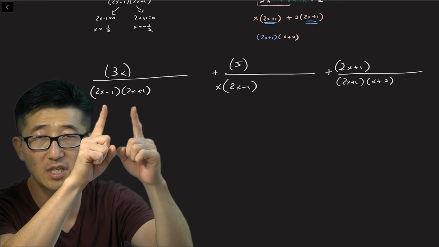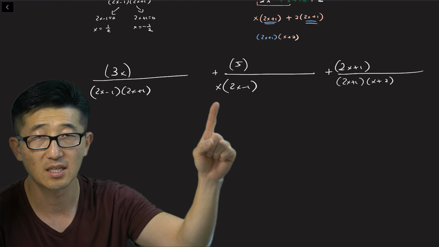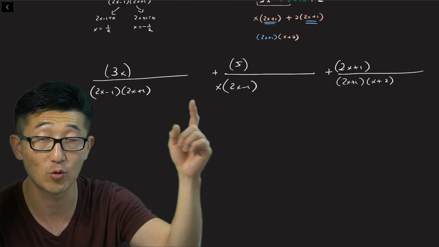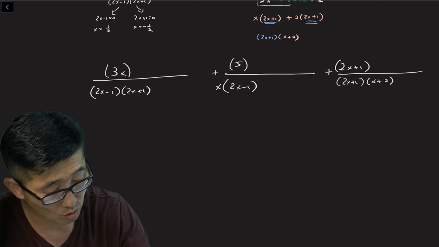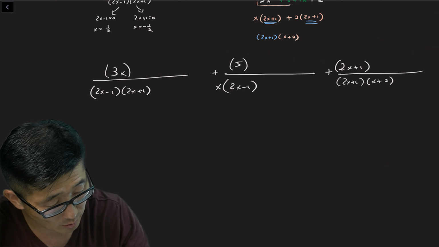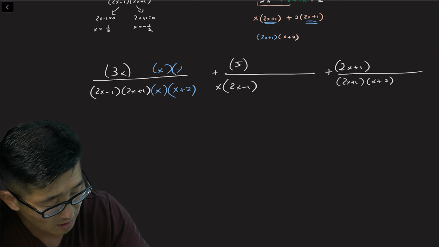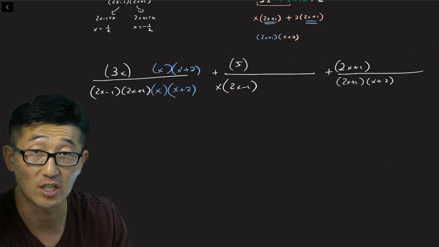So this will need an x and an x plus 2, meaning basically put whatever you don't have with regards to everyone else. So I want to put here x plus 2. And whatever you do on the bottom to make it into a common denominator, you do it to the top to maintain equivalent fractions.